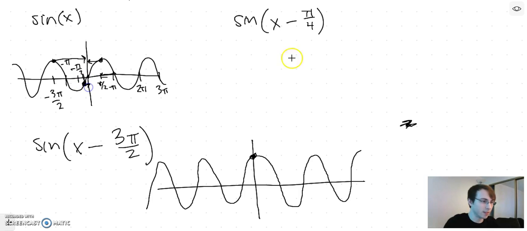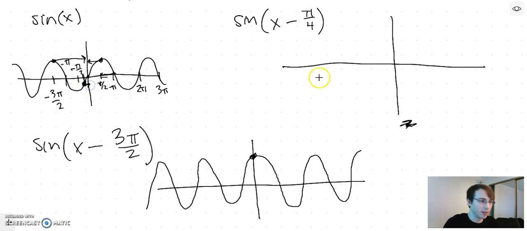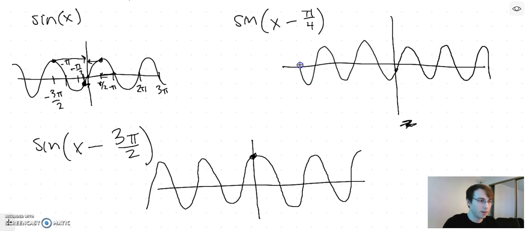Now we have to shift this a little bit. So now that pi over 4 spot is going to be on the y-axis. So we're starting right about here, and it's going to be like this. Everything now gets shifted this way by pi over 4 units.